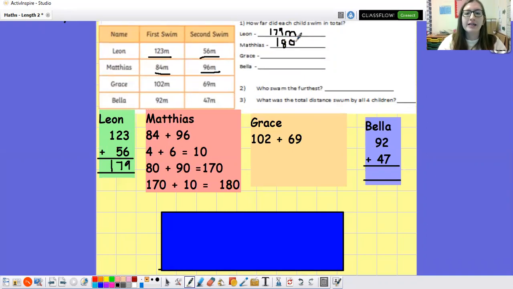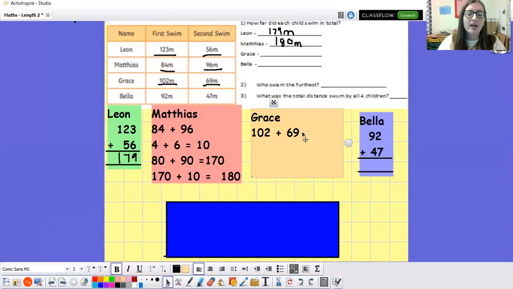Let's have a look at Grace next. So her first swim was 102 metres. Her second swim was 69 metres. So I can add them together. And I think I'm going to do some compensating for that one. By compensating, I'm going to choose to round this down to 100 because that's near 100. So instead of doing 102 add 69, I'm going to do 100 add 69. And I know 100 add 69 is 169.